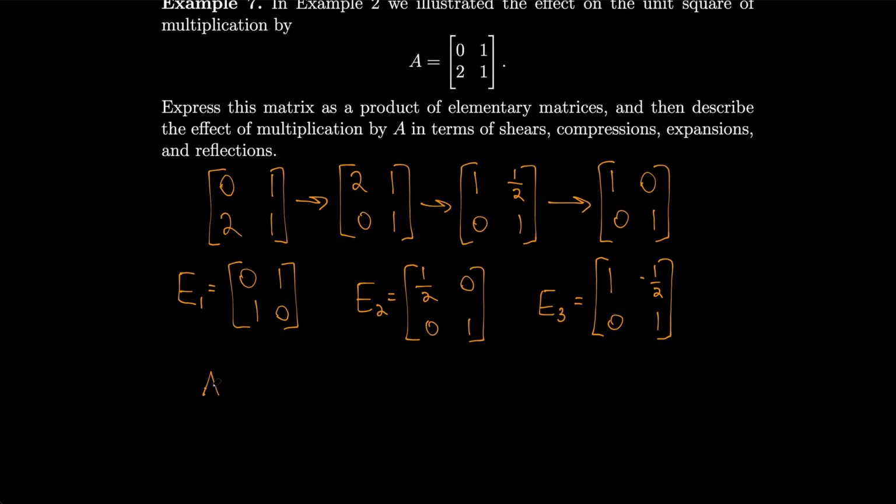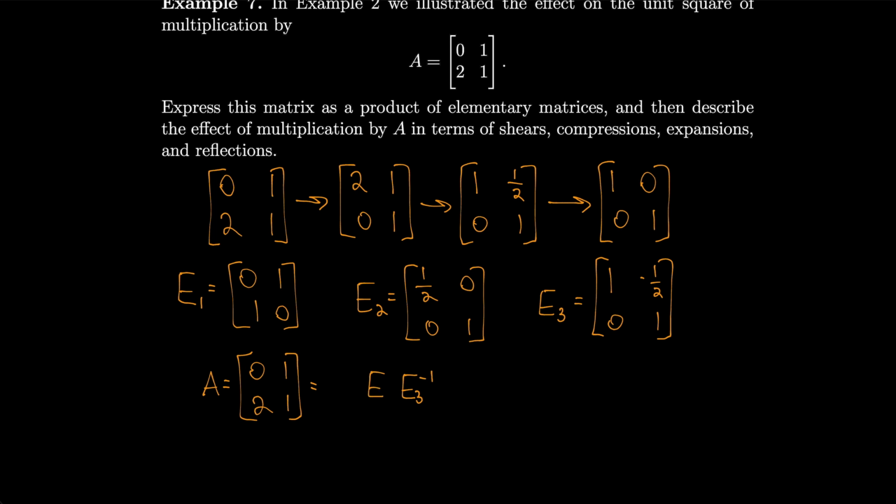So that means that A can be written as these 3 elementary matrices in succession, but we want to go backwards. E3 should happen first, but remember we're going backwards. We want to have E3 inverse to get to A, because this is what you would result from the application to the identity.